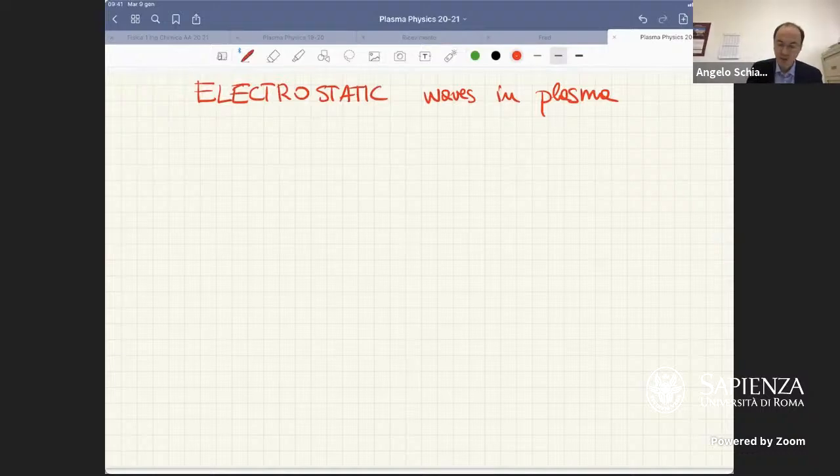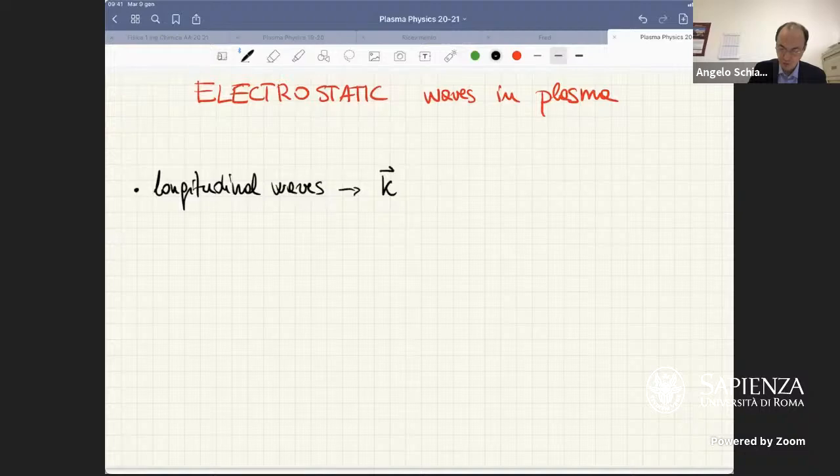These are longitudinal waves. So let's remember what this means. It means that the k vector is parallel to the wave solution for the electric field.